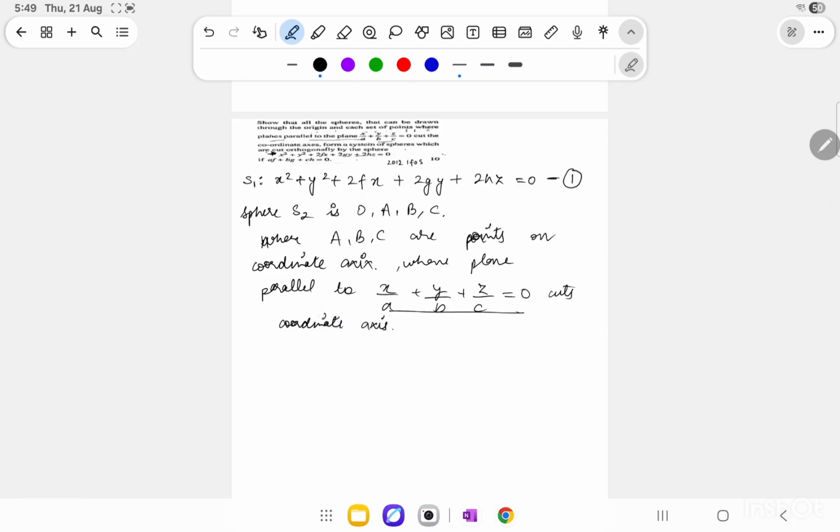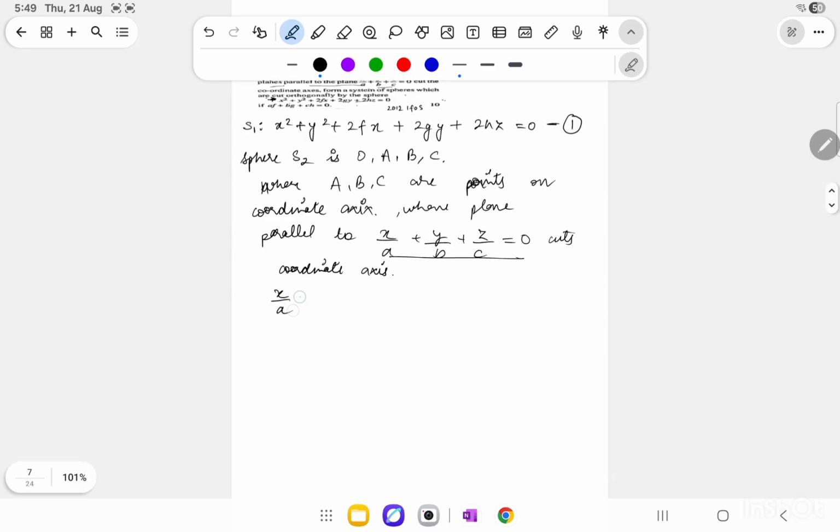So any plane parallel to this plane would be x by a plus y by b plus z by c equals k. And this plane will cut the coordinate axes at points, let's say A. So A will be ak, 0, 0. B will be 0, bk, 0. And point C will be 0, 0, ck.